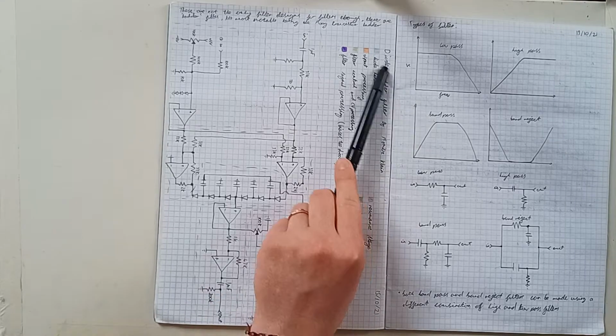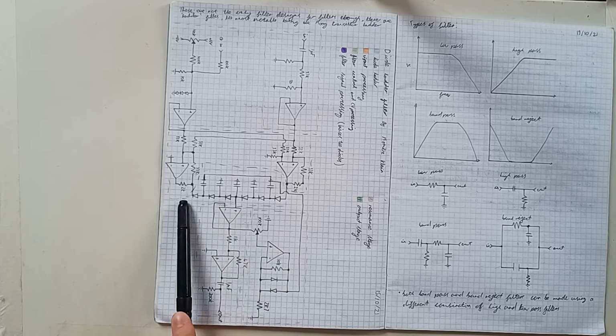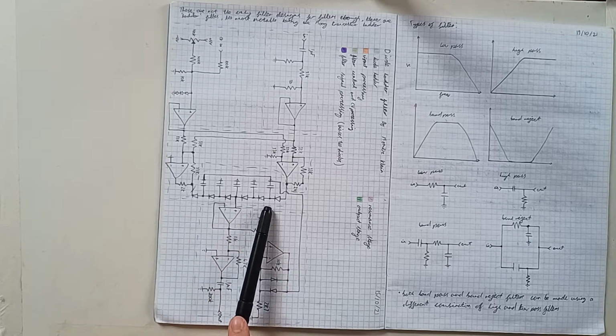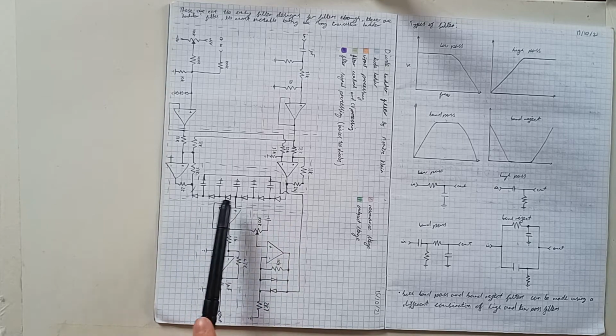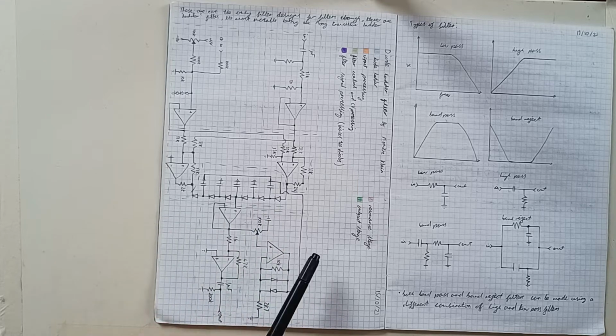So in this case, this is a diode ladder filter where you have the ladder, as it's referred to here, with your diodes and then capacitors at the junctions tying it to ground.